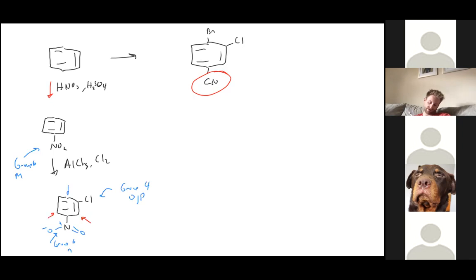Most likely position if I was to add in Br2 would be to add here. So throwing in Br2, FeBr3, it's going to let us brominate. From here, we're just going through our pathway. We need to get to a diazonium in order to add in copper nitrate. So iron, HCl gets us to an amine.